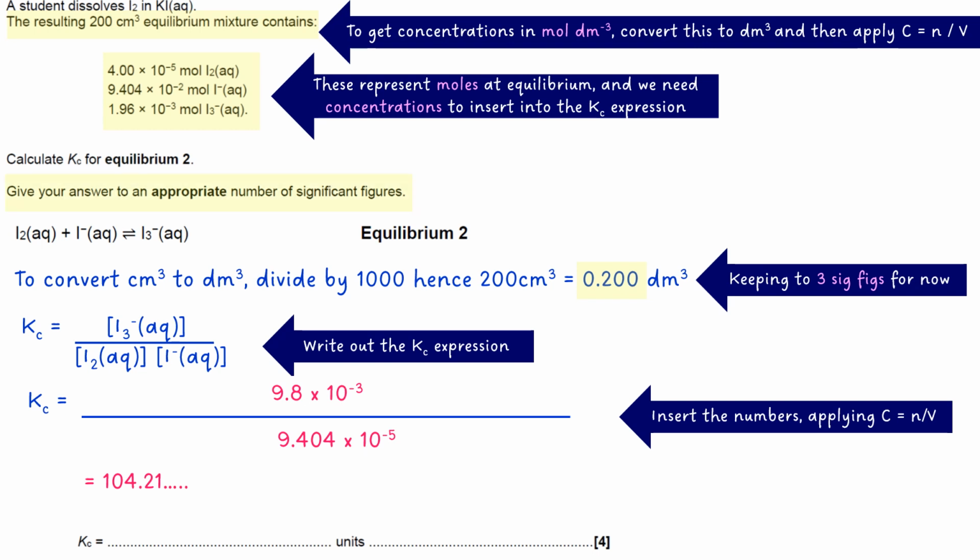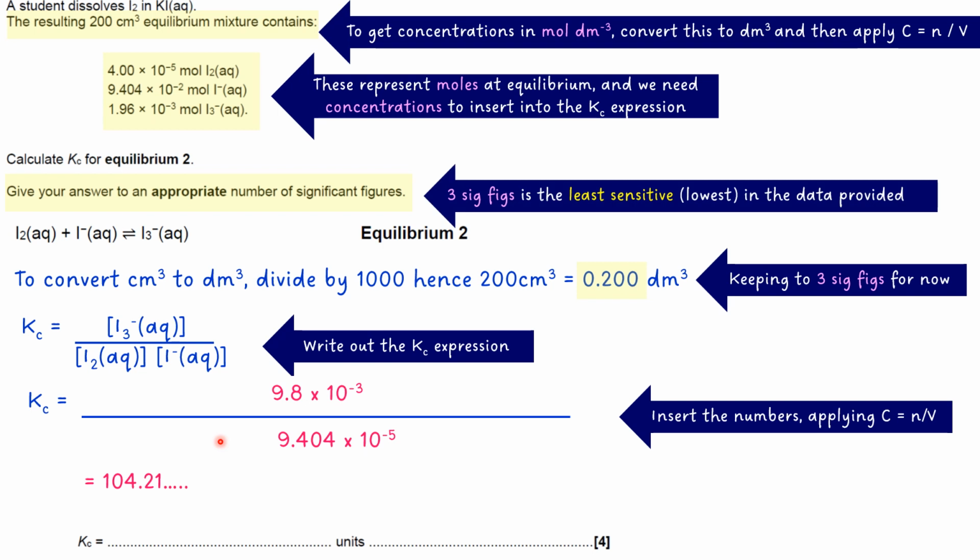So they want us to do an appropriate number of significant figures. Looking at the data, you've got 3 sig figs for the 200, 3 sig figs for the 4.00, 4 sig figs for 9.404 and 3 sig figs for 1.96. So the lowest number of significant figures in the data provided is 3.